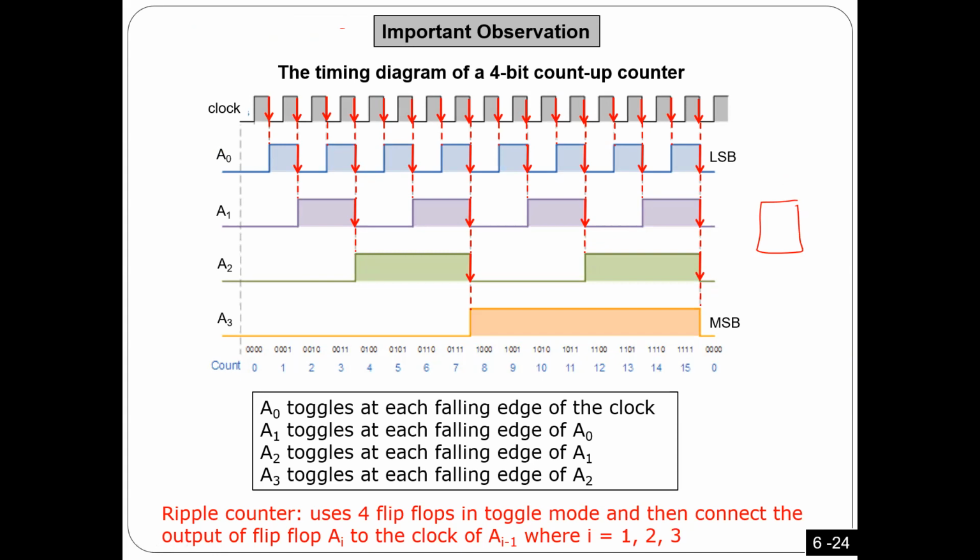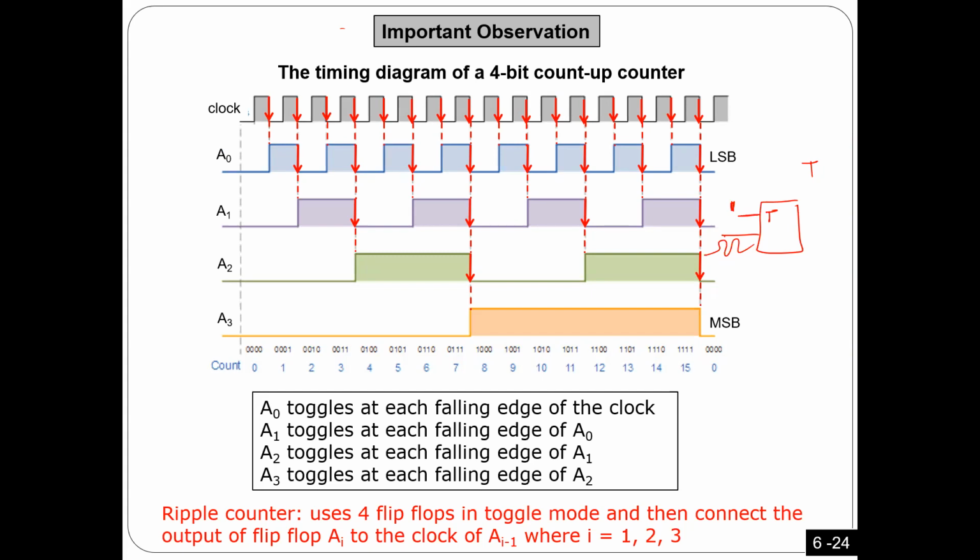How can I do that? Very trivial. If you are using a T flip-flop, here at T, I have to put 1, and then I put a clock here. That's it. I connect the clock to E0, so this one is going to toggle every time there is a falling edge.